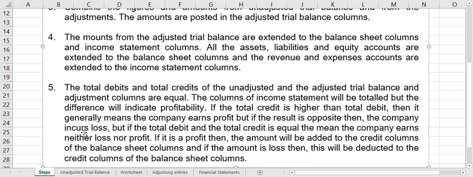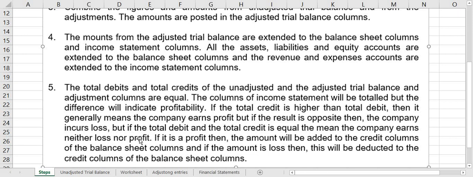The company incurs loss. But if the total debit and the total credit are equal, the company earns neither loss nor profit, and is said to be at break even.